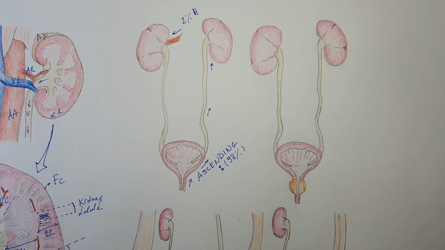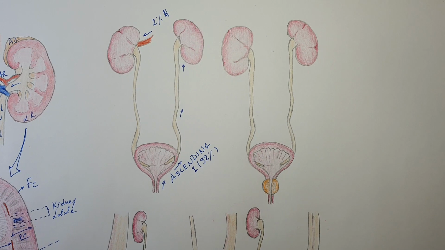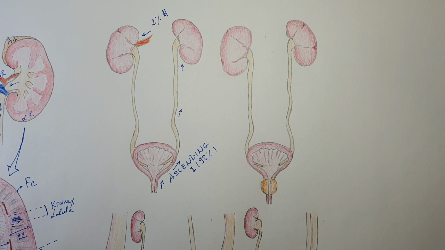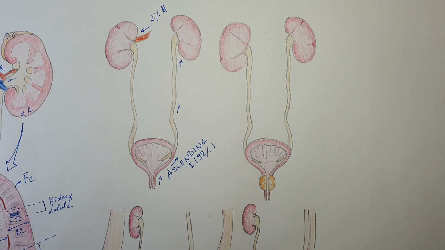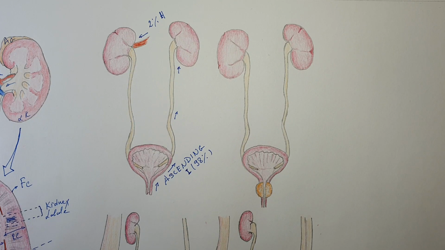Now, let's analyze these risk factors. I divided the risk factors into two groups. One group are risk factors that affect women and that actually explain why urinary tract infections are so common in female patients.